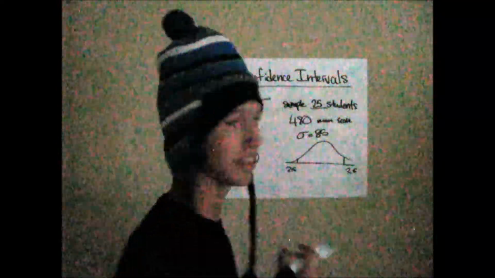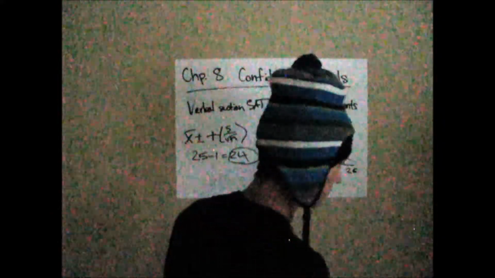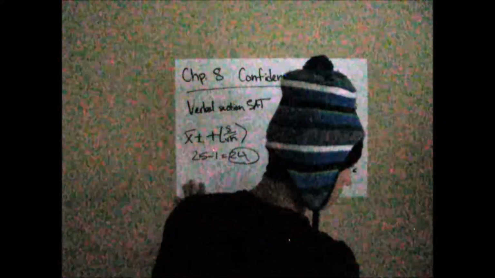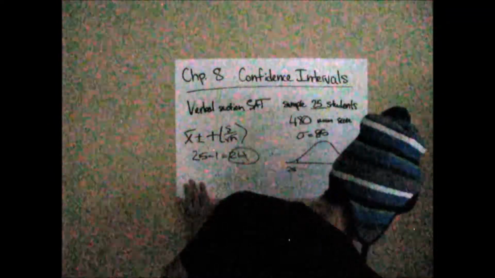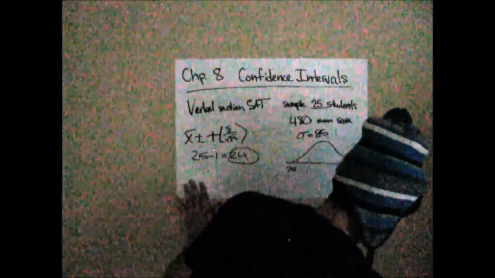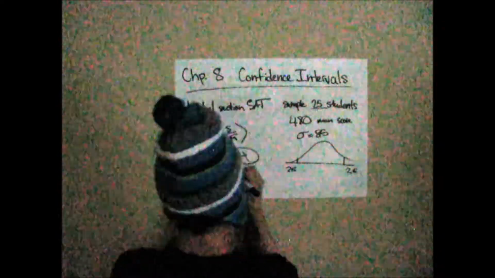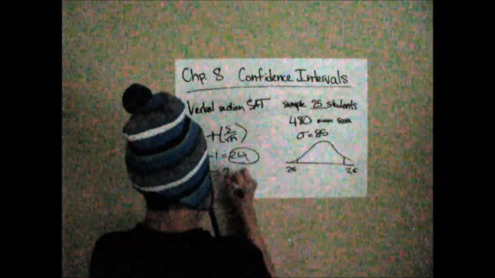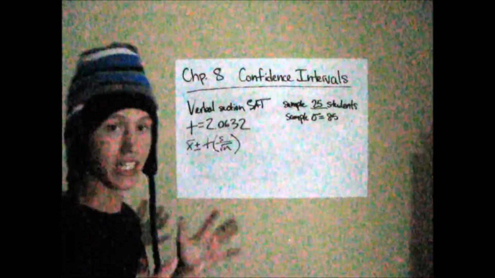And so we'll take that to our t-table, which is in the back of the book, and we'll find that our t-value is 2.0632. Now that we have our t-value, we can begin plugging things in.